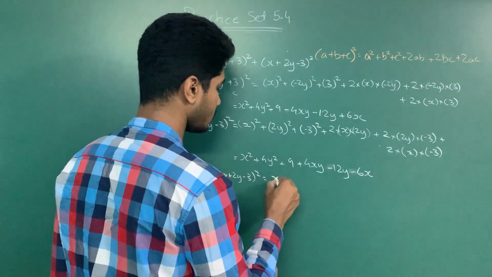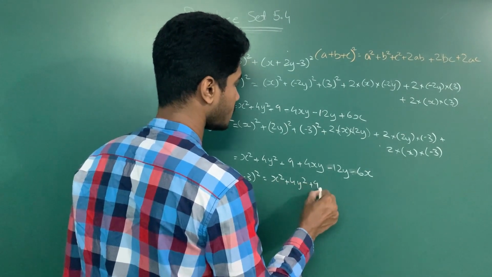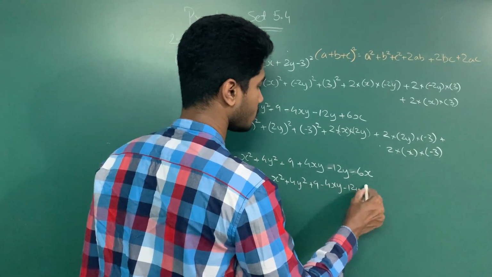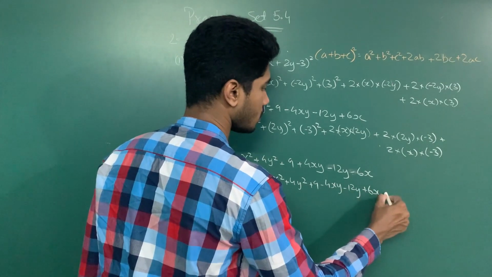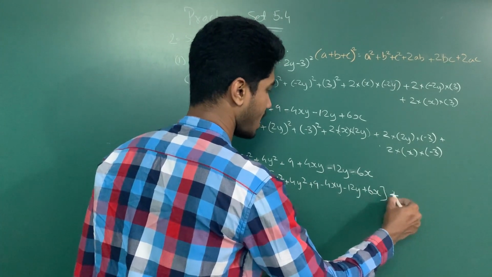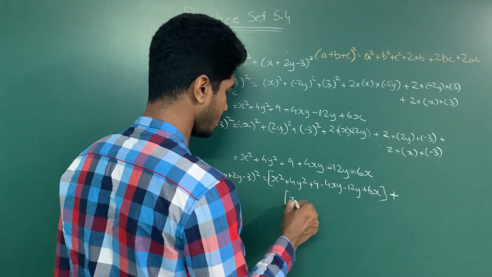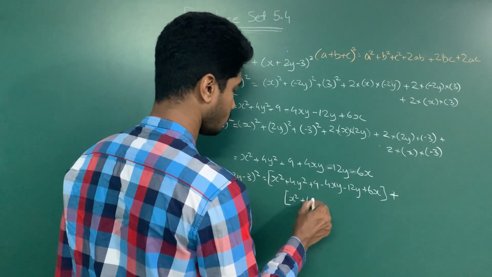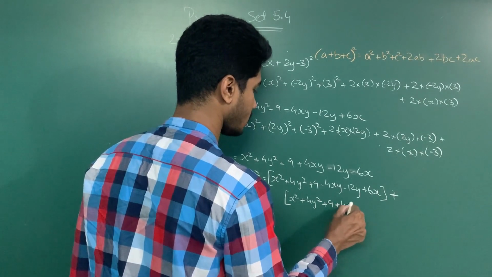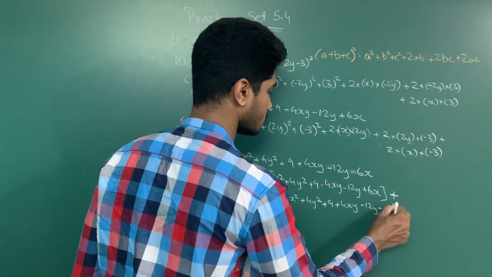Now we'll write the result of this bracket. First result is x square plus 4y square plus 9 minus 4xy minus 12y plus 6x. We'll put this in the bracket and addition sign, and we'll write the second bracket. Second result is x square plus 4y square plus 9 plus 4xy minus 12y minus 6x.